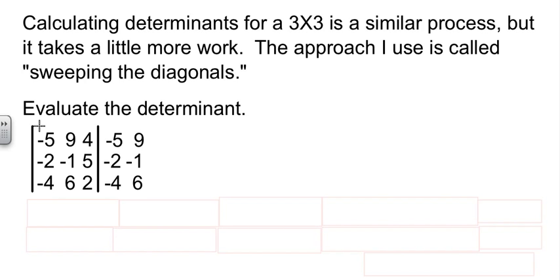Now we're going to do the same idea of multiplying down and to the right, down and to the right, down and to the right. We're going to have 3 multiplications going on. And I'm going to get those arrows out of the way so we can see the numbers now.